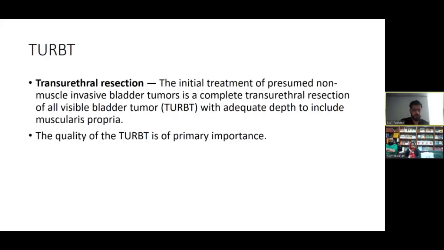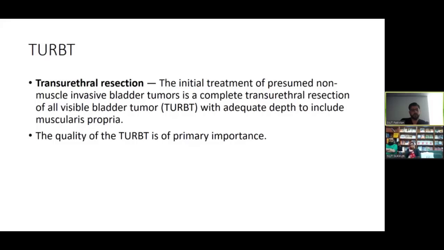TURBT, or the initial resection, is the initial treatment. It is potentially curative when it comes to treatment of bladder cancer when it is done properly. We will cover TURBT in greater detail in the upcoming module, but here's just a word because it is a part of the initial treatment.